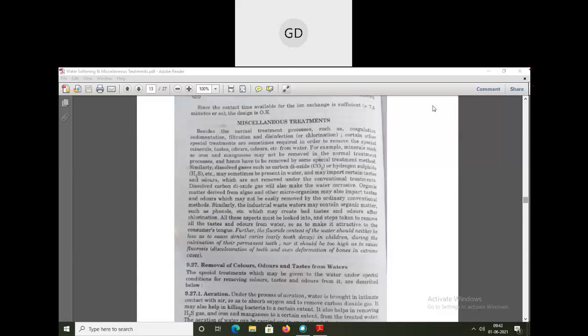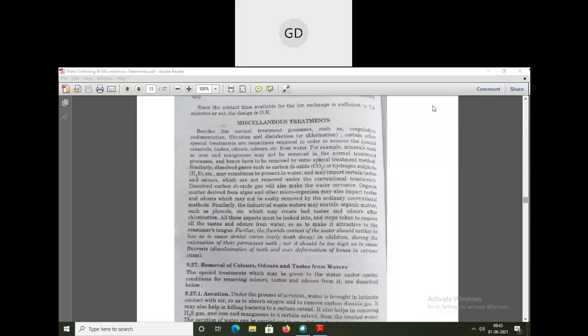It actually makes the water very corrosive. Again, we have some microorganisms and organic matter, like algae, that impart bad taste and odor in the water, so you have to remove them by this miscellaneous treatment.